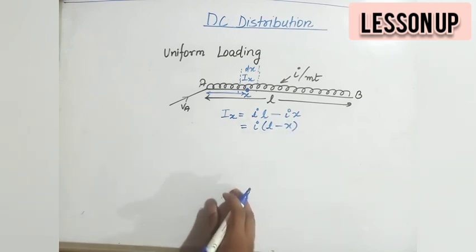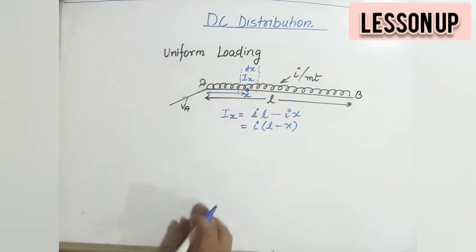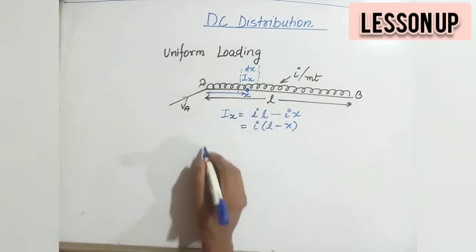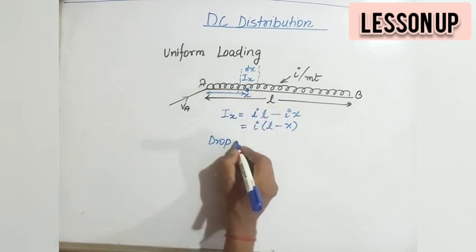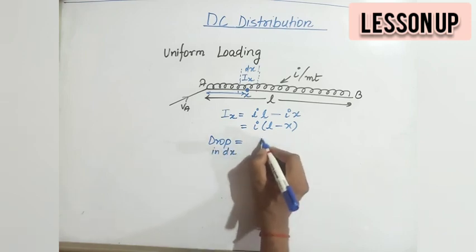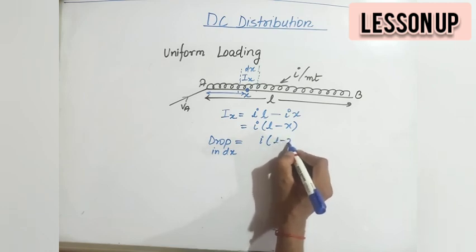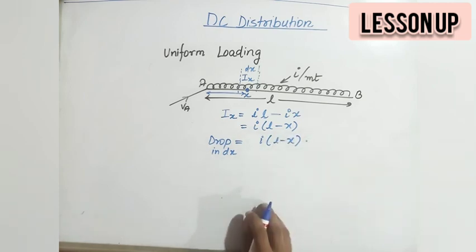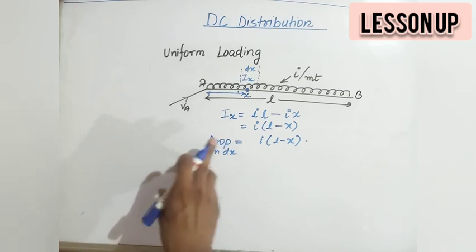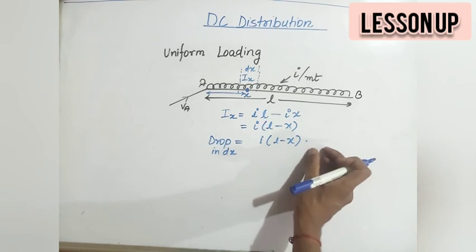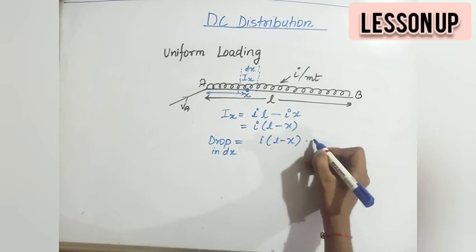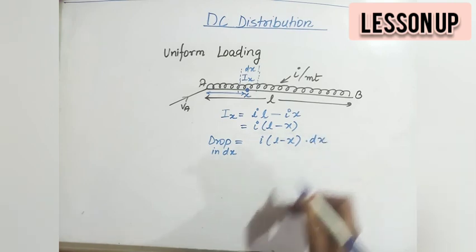Now what will be the voltage drop between this small section dx? The drop in dx will be equal to I into L minus X into, if I am talking about voltage drop, obviously it will be the multiple of current and distance. So I into L minus X into dx.